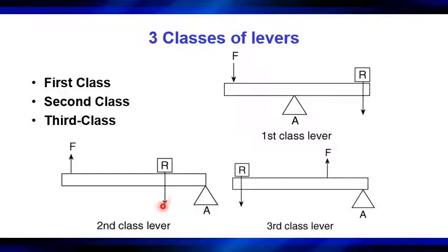The reason why the mechanical advantage of a second class lever is always greater than 1 is because the force arm is always going to be the longer of the two arms. Remember, it's a ratio of the force arm and the resistance arm. So in a second class lever, because of the way it's designed, the mechanical advantage will always be greater than 1.